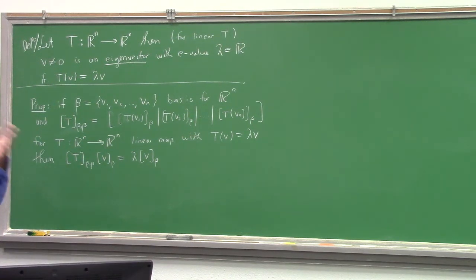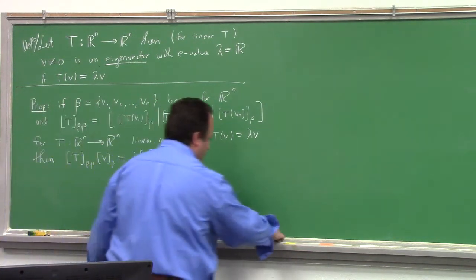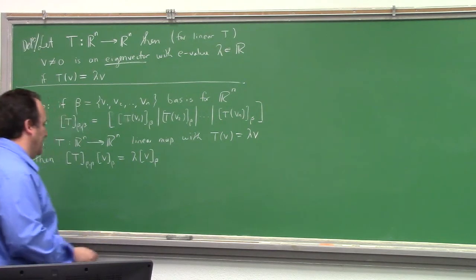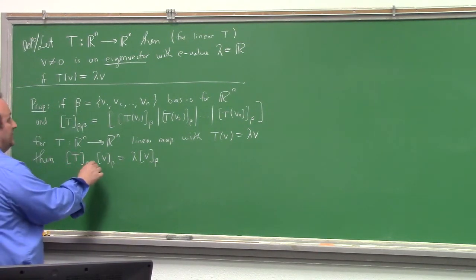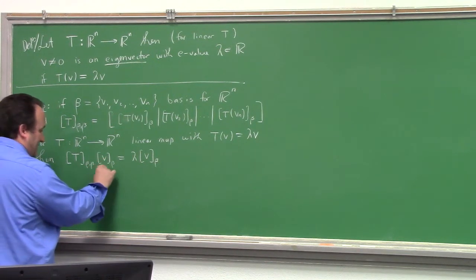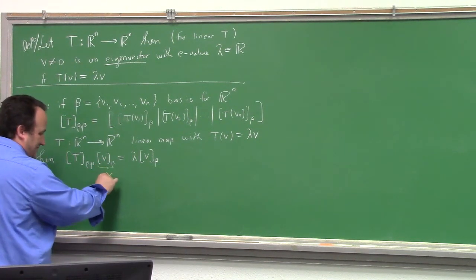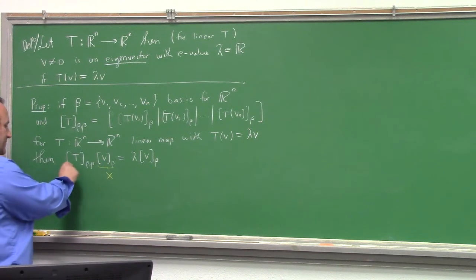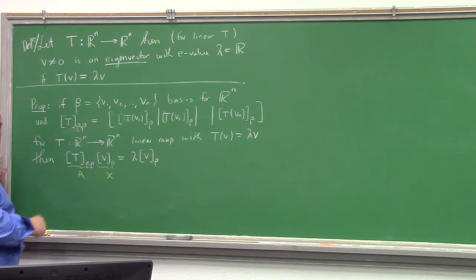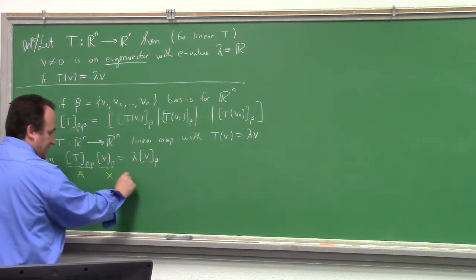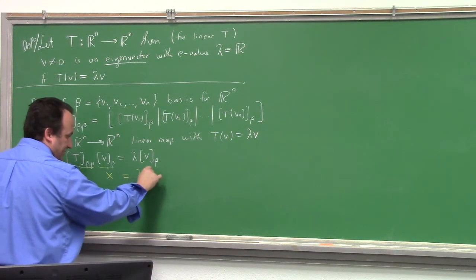So, kind of face the music here. In other words, let's say this is called X, and if I call the matrix A, so I have A times X equals lambda X again, right?